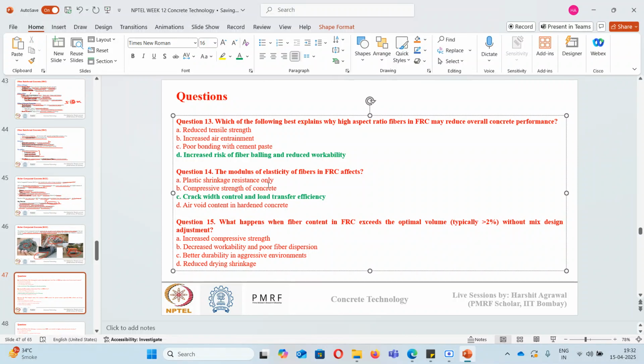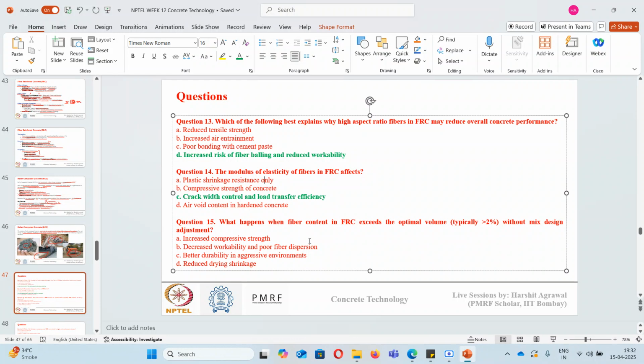The concrete has the same strength. But what is fiber doing? Fiber is resisting the deformation, and it is carrying load after cracking of concrete. So it helps to bridge the crack and control the crack width, especially under tensile and flexure loading. That's why the correct answer is crack width control and load transfer efficiency, and that is due to the modulus of elasticity that the fiber is incorporating.